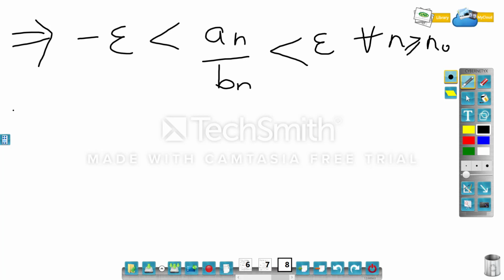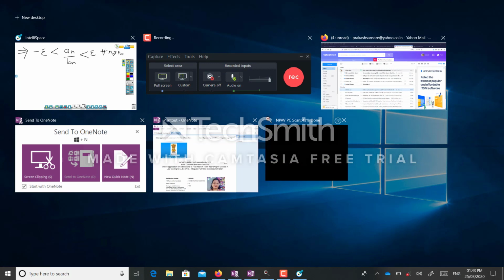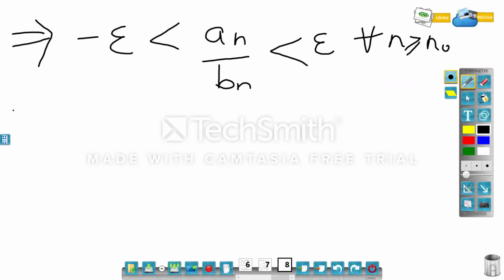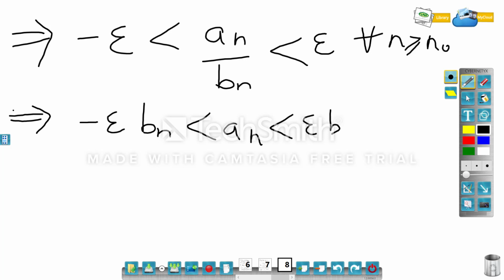That would imply minus epsilon times Bn is less than An less than epsilon times Bn for all n greater than or equal to n naught. You observe that we multiplied by Bn, and Bn is non-negative, so the inequality remains the same.